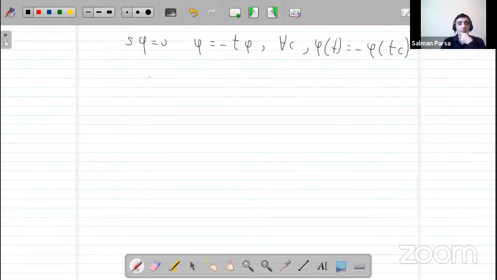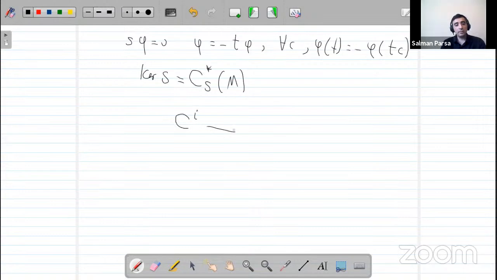So totally similar to before, we write the kernel of this S to be our S chains, and then we restrict the coboundary over these S chains.